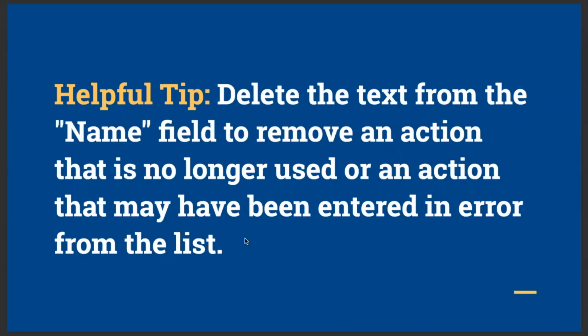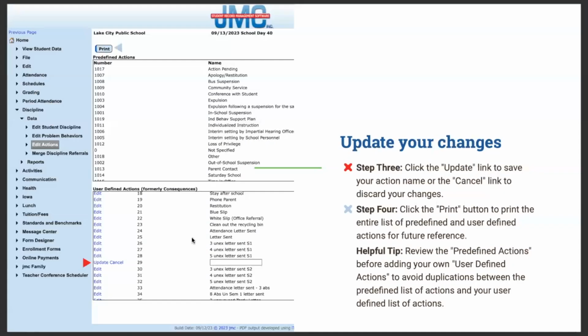You can delete the text from that name field to remove an action that's no longer used. These lines are just placeholders. Essentially, you can change out the wording as needed if you find something that you don't use anymore. You'll enter the correct action in that field right there, and then click the update link. And again, you can print this list for future reference if you need to.